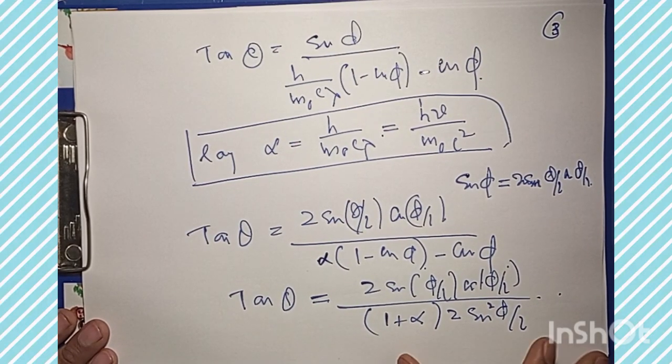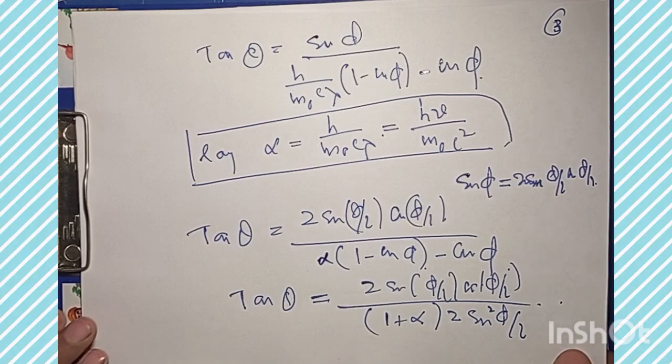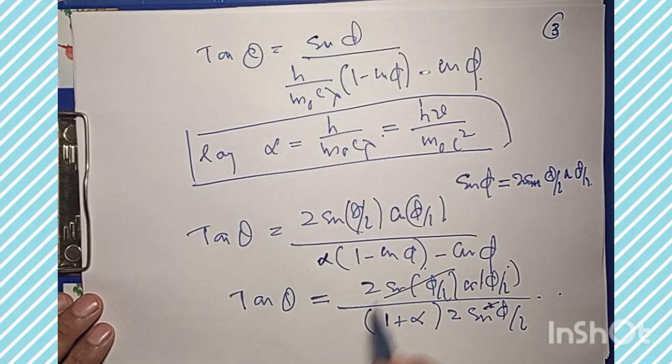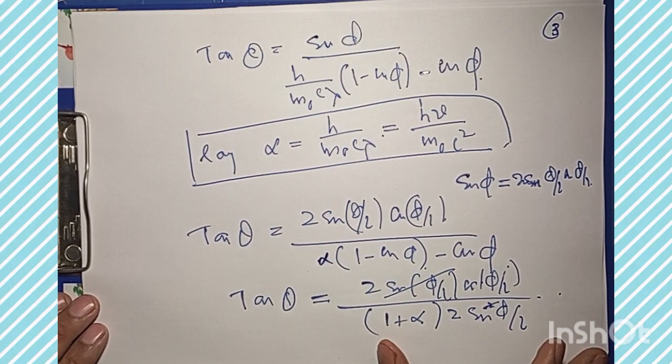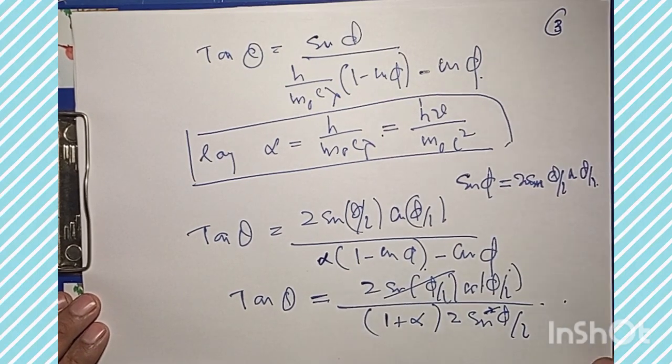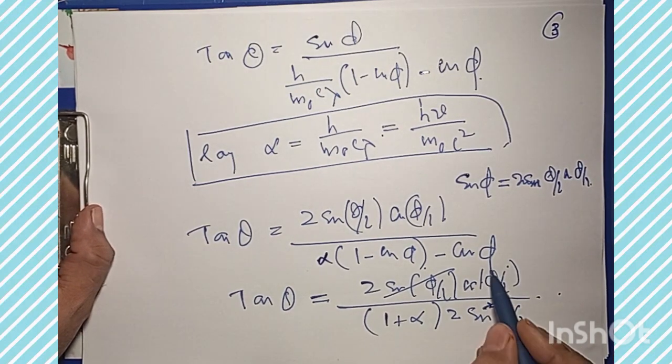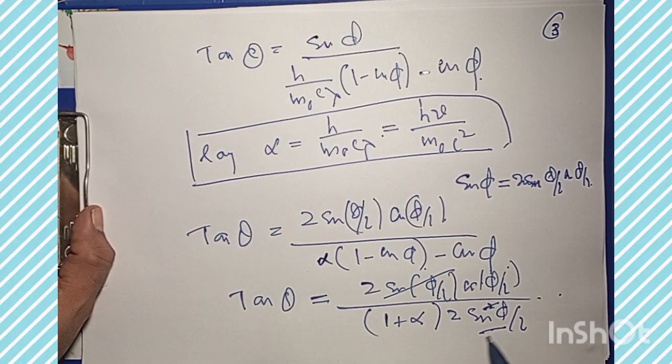Okay, so now when we move on, we can see here this square and this phi by 2 will go, and what we'll be left with is cos phi by 2 here, and here I have sine phi by 2.